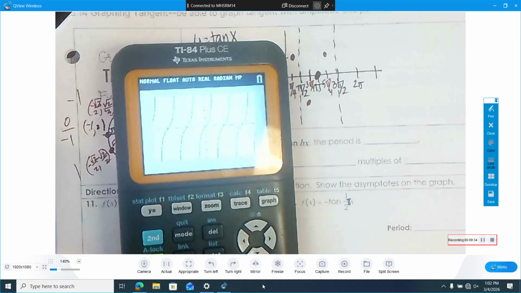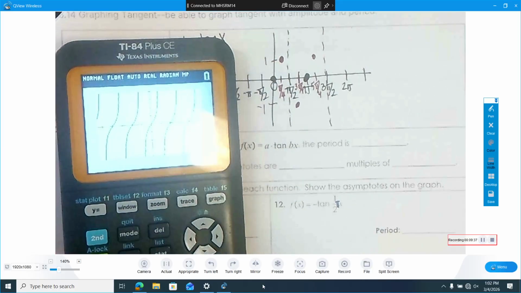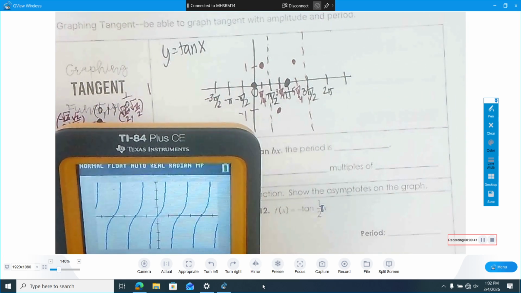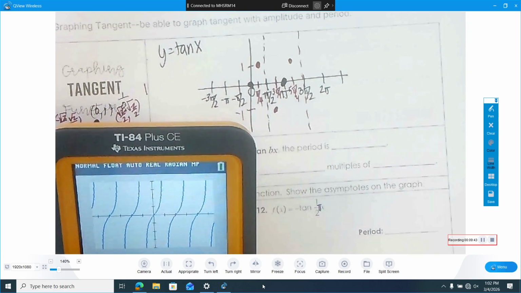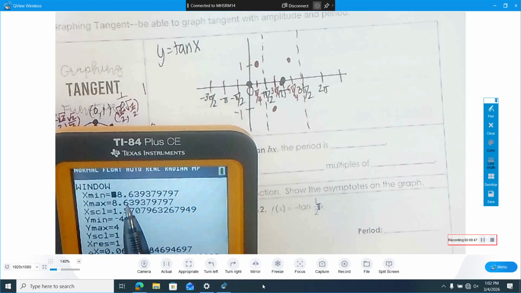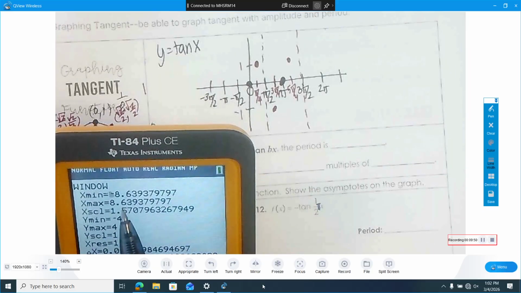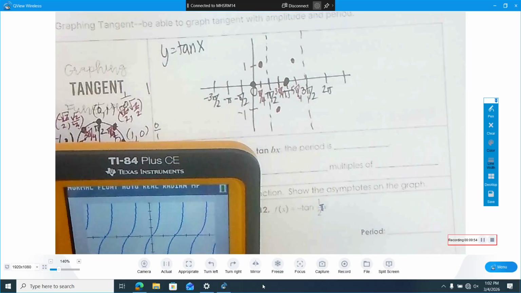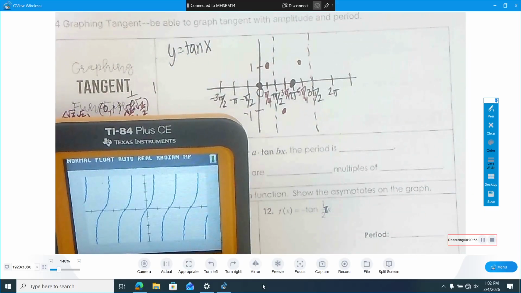All right. The zoom trig menu is a great menu for when you're graphing trig functions. It sets the window. If you look at the window, it's a little bit over 2 pi and negative 2 pi, so it's just a really nice window. It has a pi over 4 step for each tick mark.